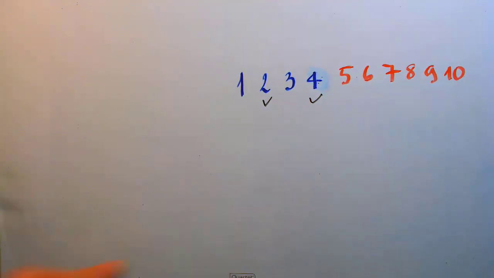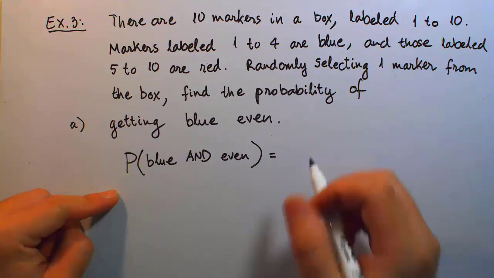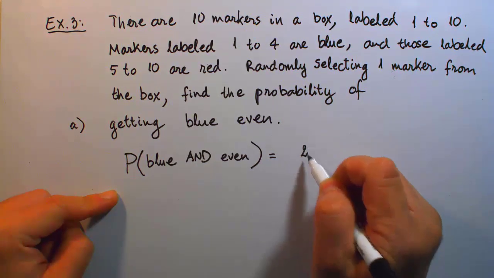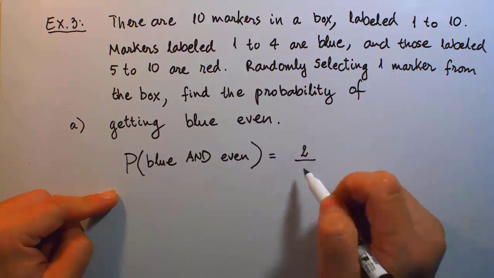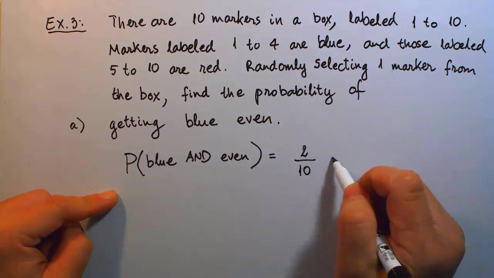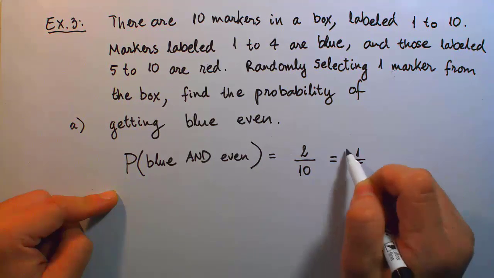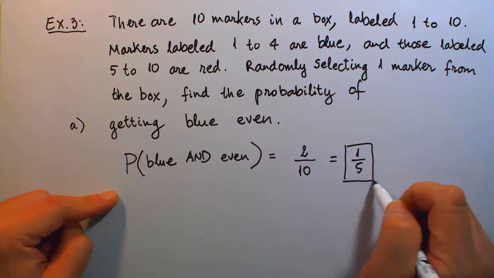So the answer is 2 out of, and we have a total sample space containing 10 outcomes. So 2 out of 10, which as a reduced fraction is 1/5. And so we found our answer here.